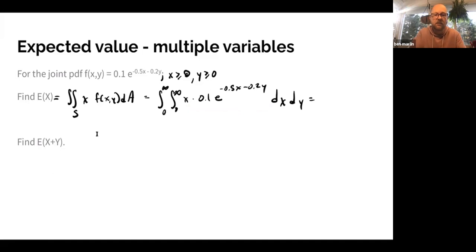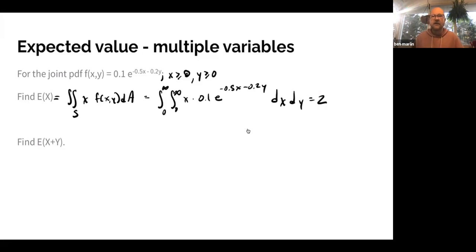And I am going to just put a 0.1 e to the minus 0.5 x minus 0.2 y, and I multiply it by an x, right? Yeah. And then I did dx dy, and I will just tell it to evaluate for me. Again, if you didn't have the luxury of Symbolab, you would have to do integration by parts, but that should be totally within your wheelhouse. So doing that work, Symbolab comes up with an answer of 2, right?